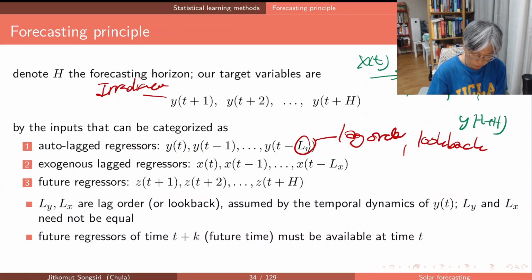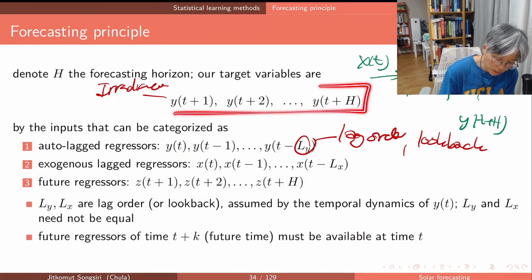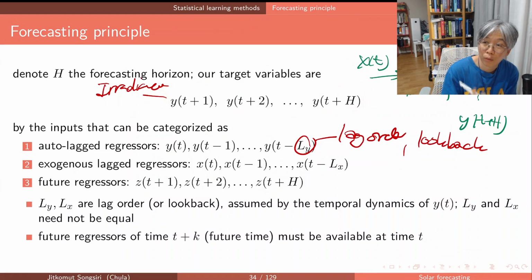Let me give an example. In this application, this is the irradiance, and you want to forecast the irradiance in the future. Let's pick an example where t+1 refers to 10 a.m., then 10:30, and so on.